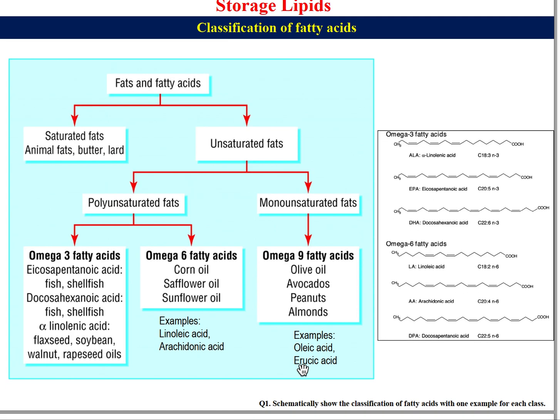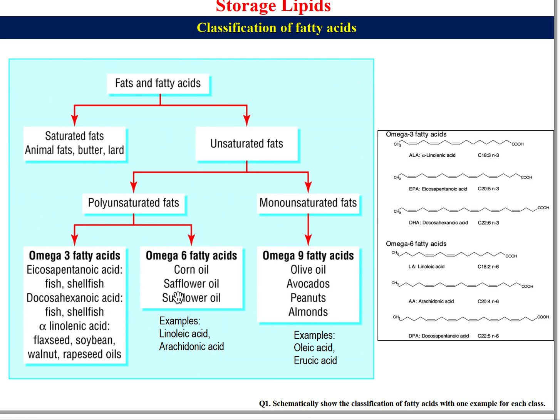So if we broadly classify the fatty acids, we get saturated fats and unsaturated fats. Unsaturated fats are of two types: polyunsaturated and monounsaturated. Monounsaturated fatty acids are called omega-9 fatty acids and are found in olive oils, avocados, and peanuts. Polyunsaturated fatty acids are of two types: omega-3 and omega-6.